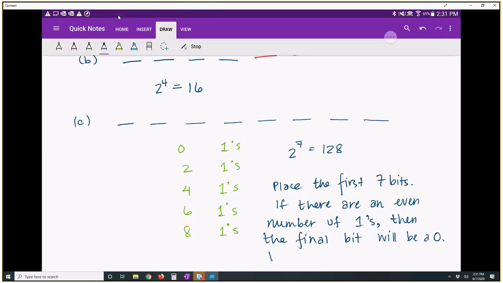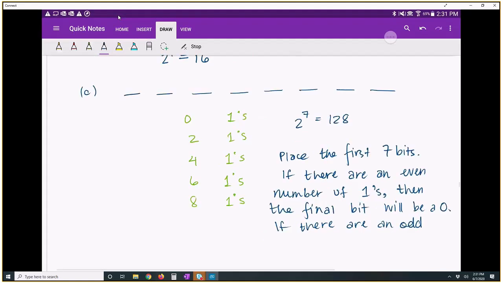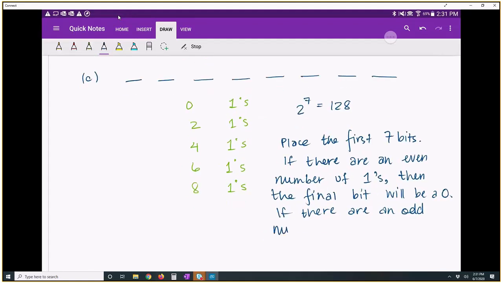And if there are an odd number of ones, then the final bit will be a 1, so that I get the even number that I wanted.